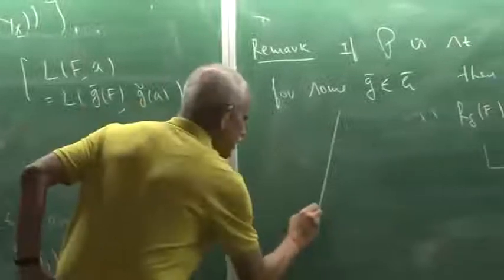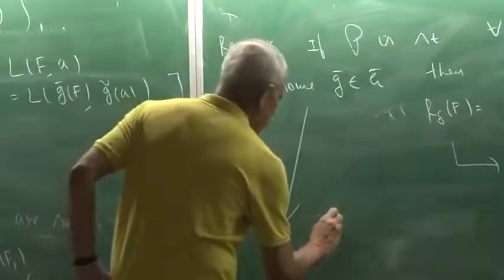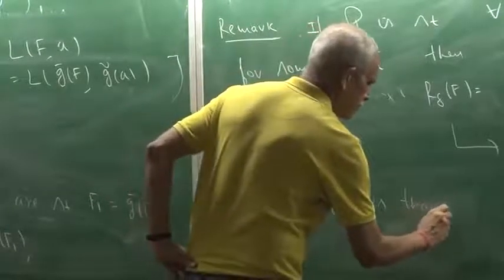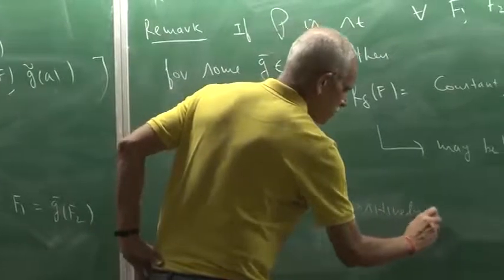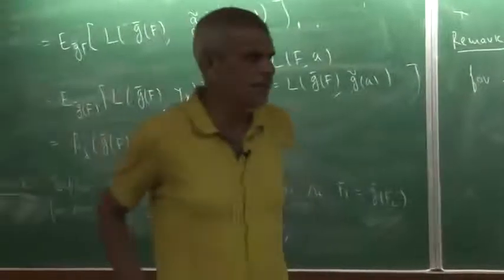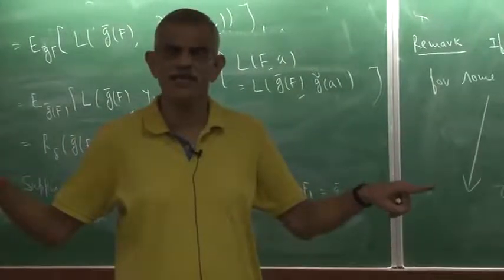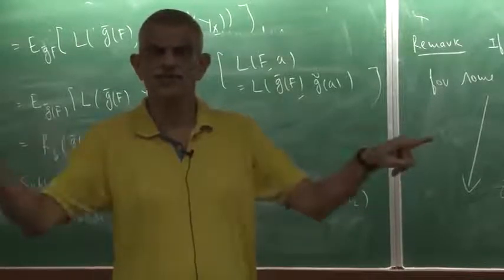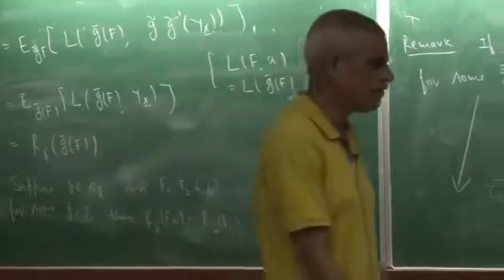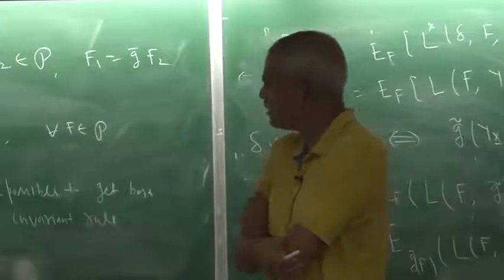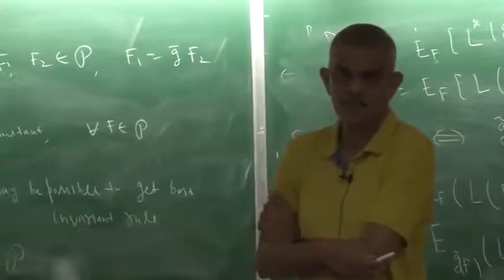Now, if such a thing happens, we say that g bar acts transitively on P. Or in other words, if my group of transformations is such that for any two elements in P, there is a g bar such that the two elements of P are related through this g bar, then we say that g bar acts transitively on P. So what it suggests is if g bar acts transitively on P, then the risk function of any invariant decision rule is constant.